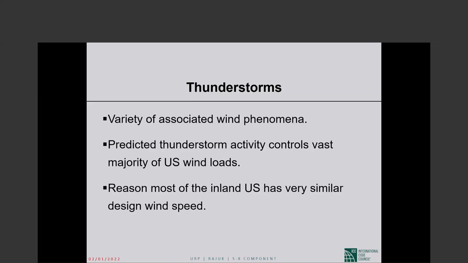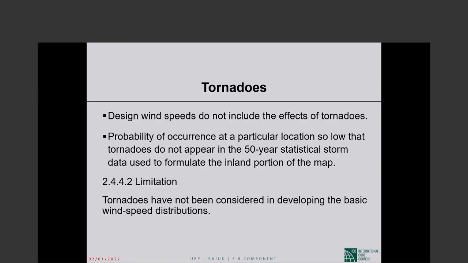Anyway, because thunderstorm activity controls the vast majority of US wind loads, most of the inland United States has very similar design wind speeds. That has always been the case. It is only on the hurricane coastline that you see different numbers, different wind speeds. Bangladesh has much more of a variation, as you will see.